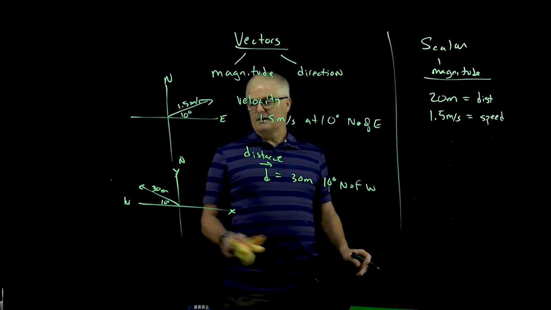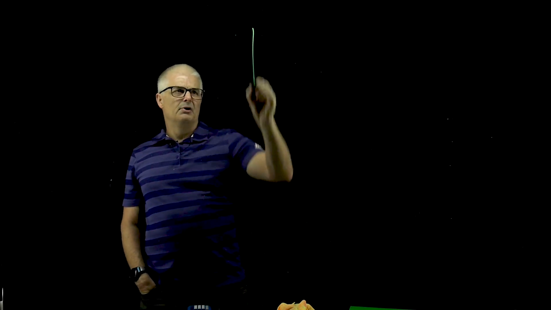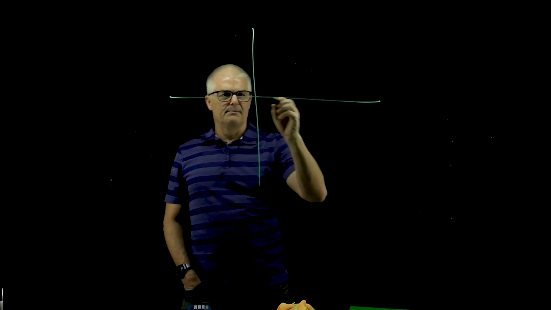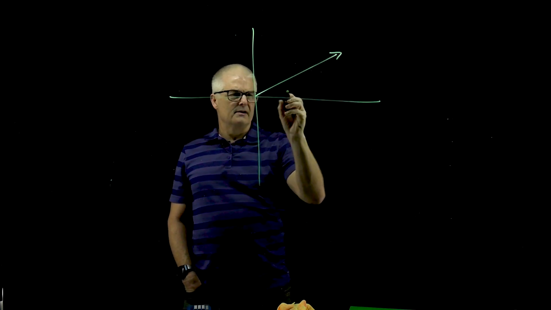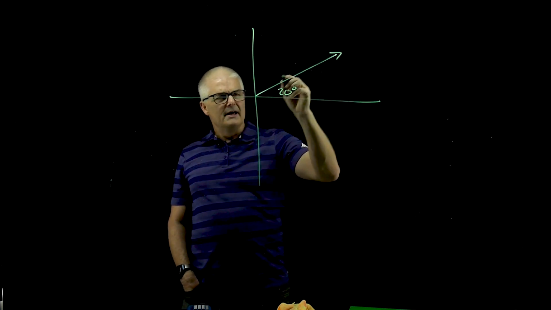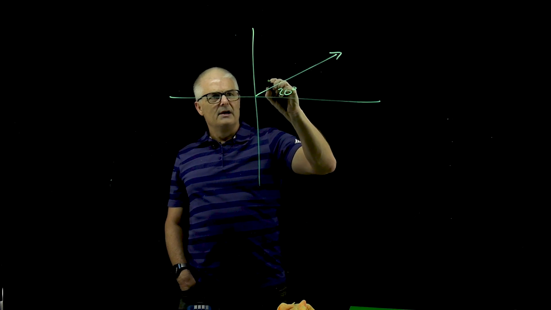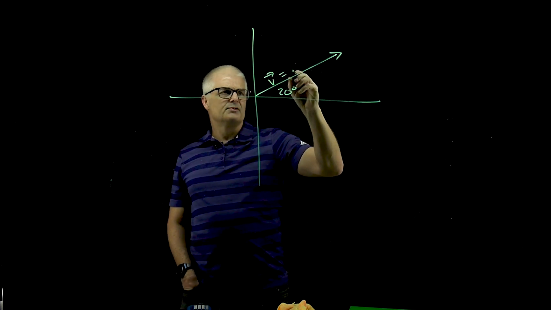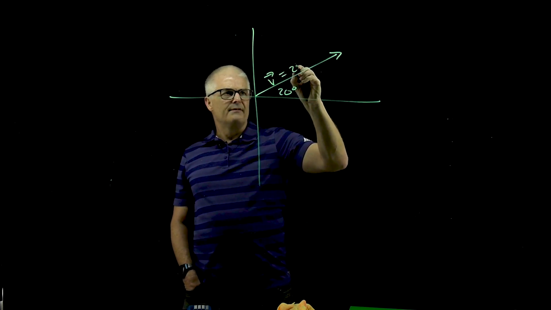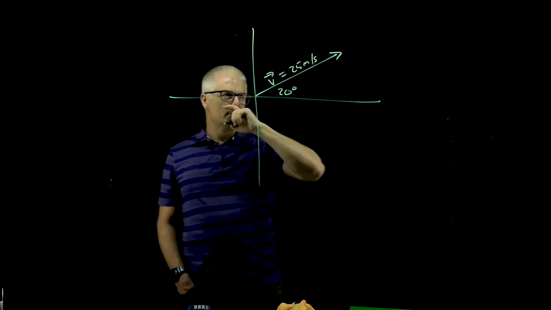And then the last thing we want to talk about in this video is that when we have a vector, what we often do is break it down into its components. This is called component stuff. So if I've got a coordinate plane, and let's say this is a 20-degree angle, and it's a velocity vector, so v equals 25 meters per second.